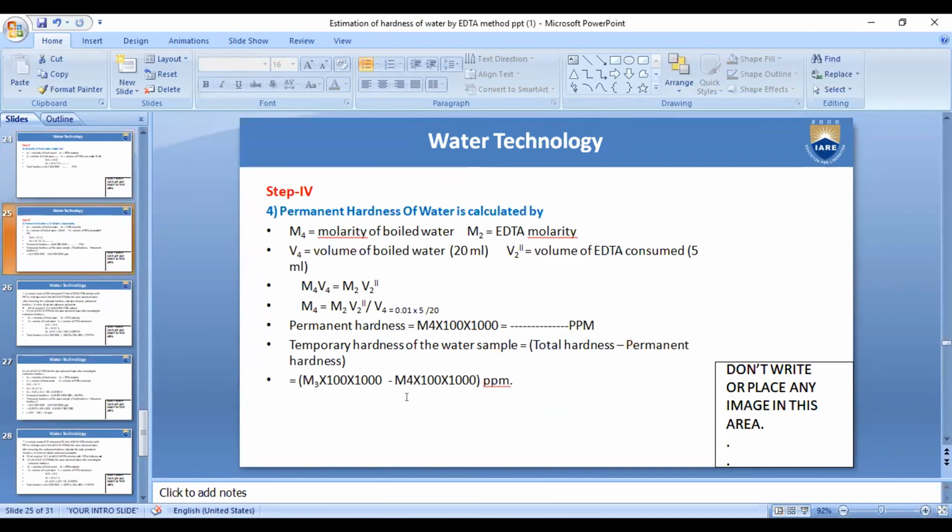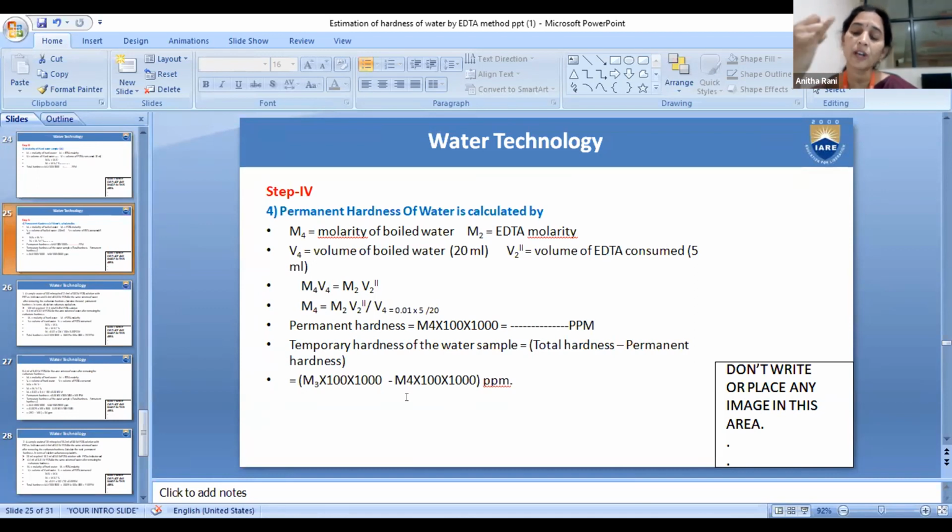Solution, you are taking 20 ml in a conical flask. Tap water also 20 ml. In the third step, boiled water also you are taking 20 ml in a conical flask. All the 3 samples of water you are titrating with EDTA.